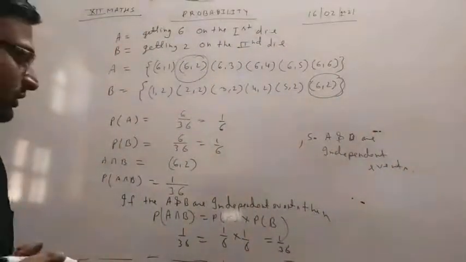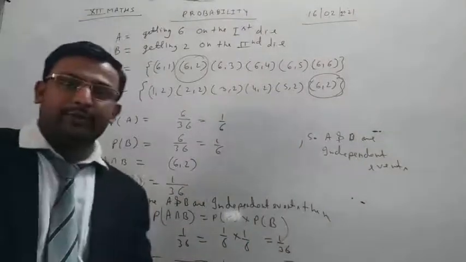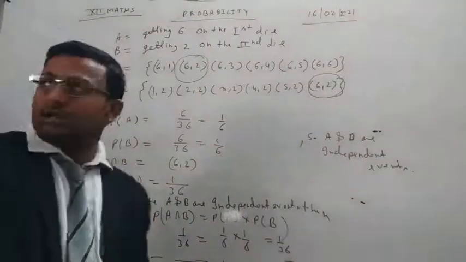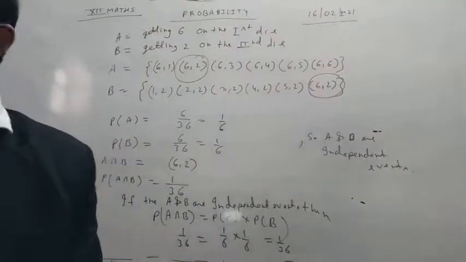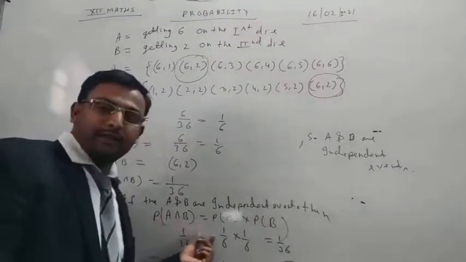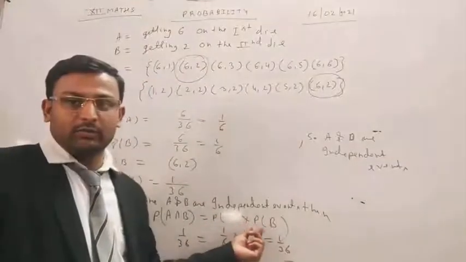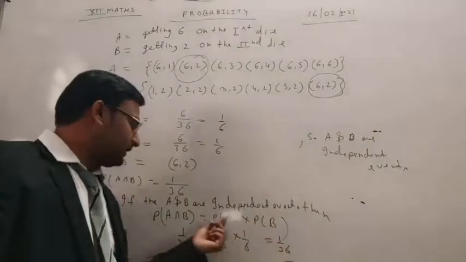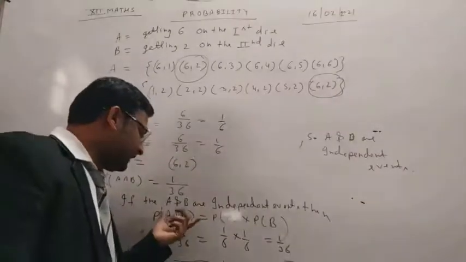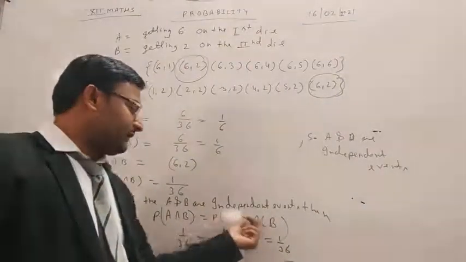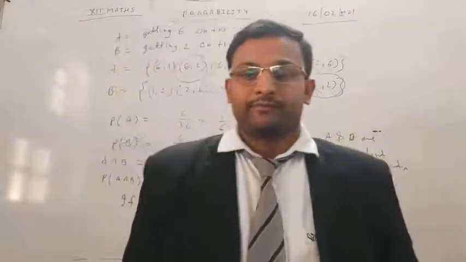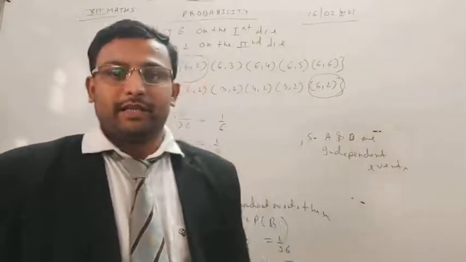From the conclusion, we are getting that A and B are independent events, because we know the condition for two events to be independent is that probability of A intersection B is equal to probability of A into probability of B. And here we see that the probability of A intersection B and P of A into P of B are both 1 by 36. So our events A and B are independent events.